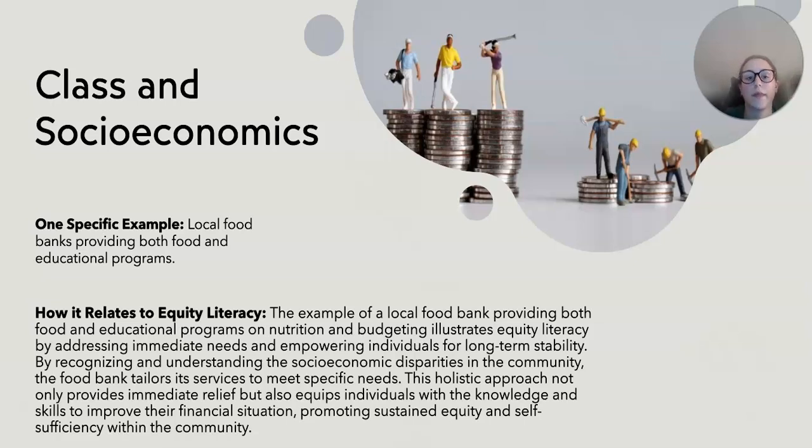The example of the local food bank providing both food and educational programs on nutrition and budgeting illustrates equity literacy by addressing immediate needs and empowering individuals for long-term stability. So not only are they providing short-term stability by providing food, but they're also teaching nutrition and how to budget correctly so they can help themselves.